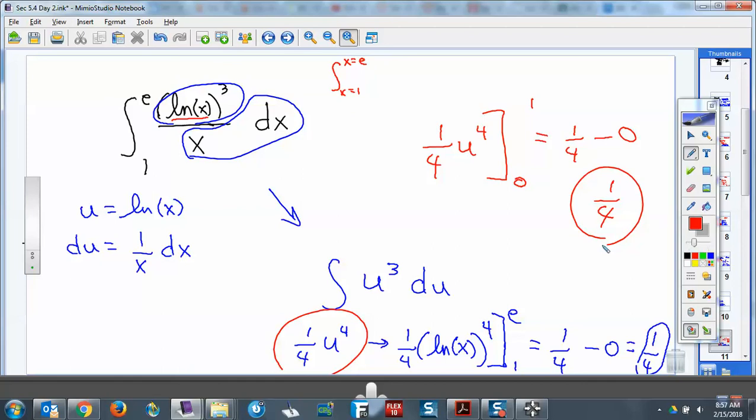Now, I think there's going to be a homework problem where they're going to ask you to change those. That's called changing the limits of integration. But you need to know about it because there are multiple choice questions on the AP test, like in our final, where they'll say this integral is equivalent to, and then they'll give you a bunch of u integrals, right?